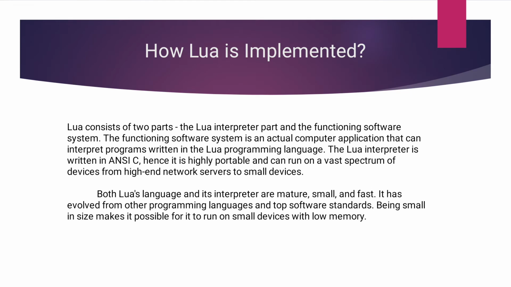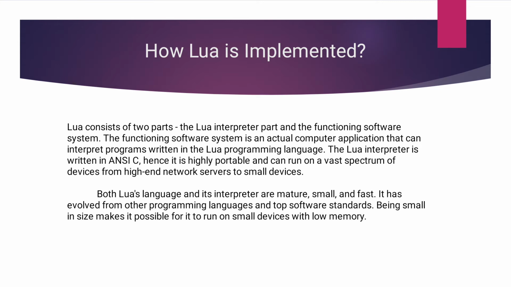How Lua is implemented. Lua consists of two parts, the Lua language and the functioning software system. The functioning software system is an actual computer application that can interpret programs written in the Lua programming language. The Lua interpreter is written in ANSI C, hence it is highly portable and can run on a vast spectrum of devices from high-end network servers to small devices.